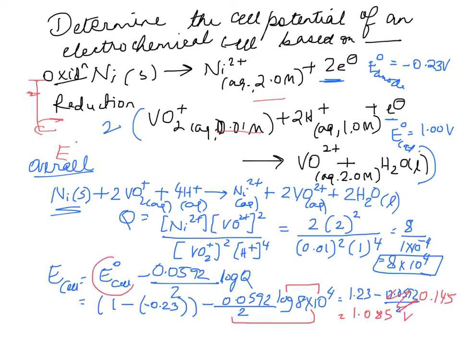E naught cell value was the maximum value when the cell would have been just started, and at specific concentrations. Now, when the cell has been used, the potential is lesser. That tells you that the E cell at any given point of time is dependent on the concentration of the reactants.